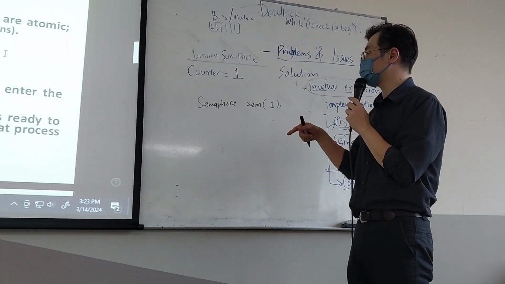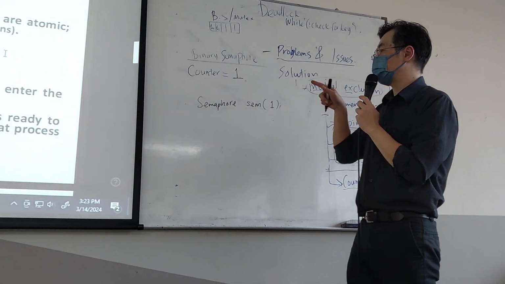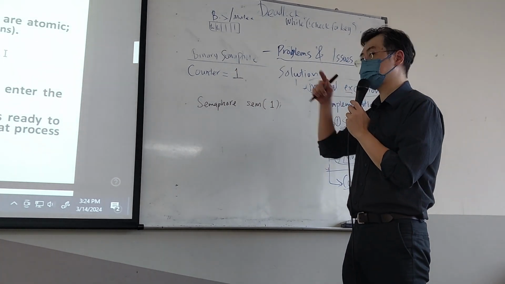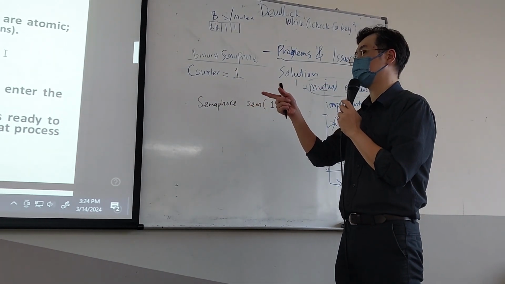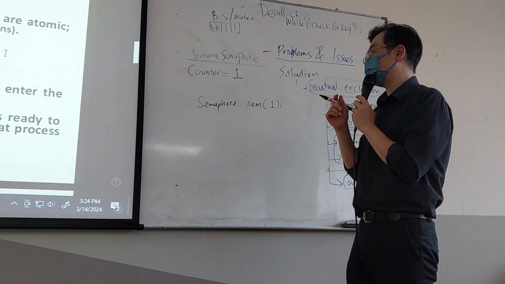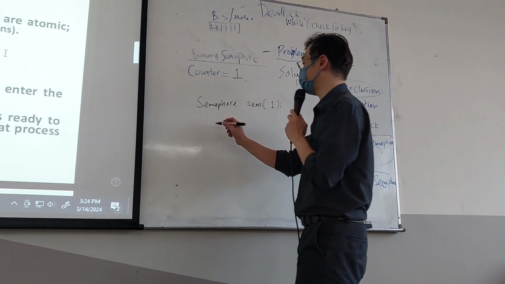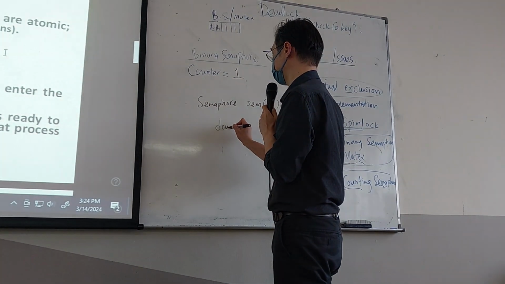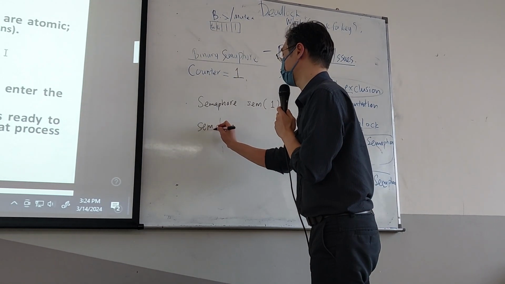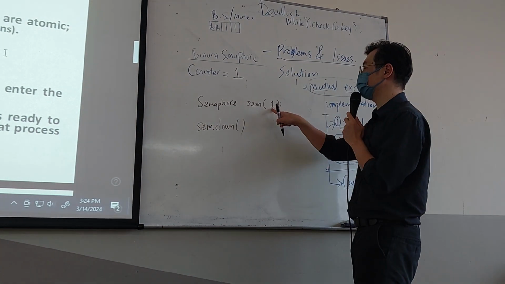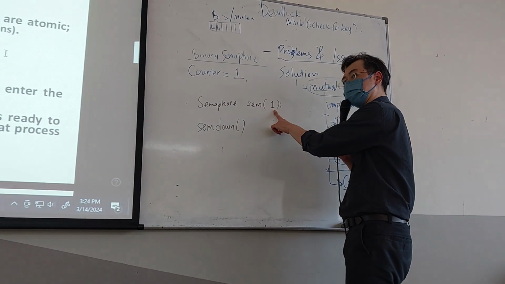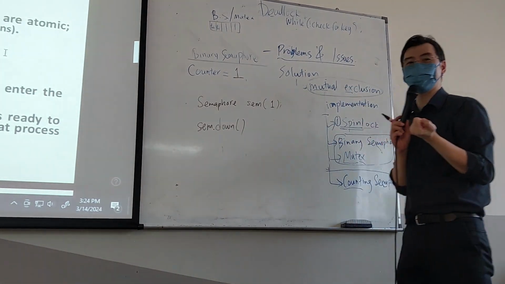Now, how does the semaphore work? Before we access the room through the lock, we have to perform a down. Down means you reduce the counter from 1 to 0. If it is 0, that means there's no key.